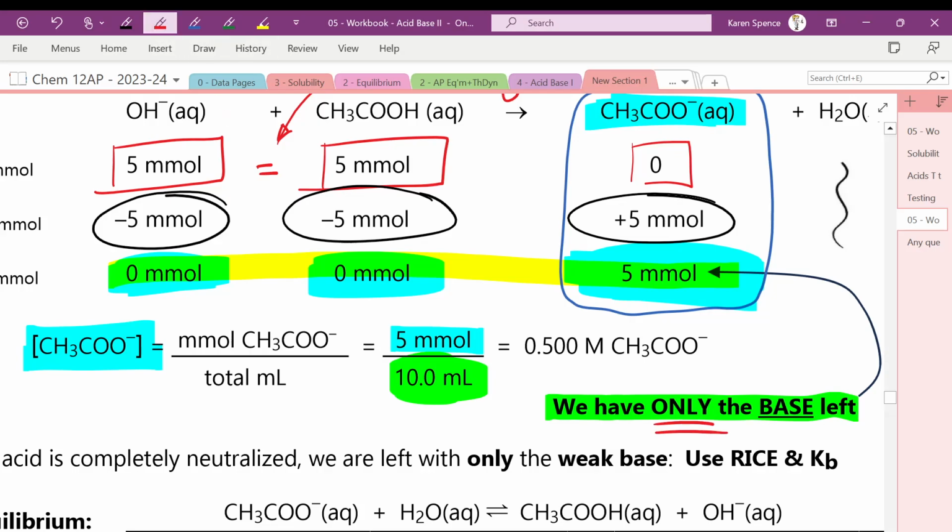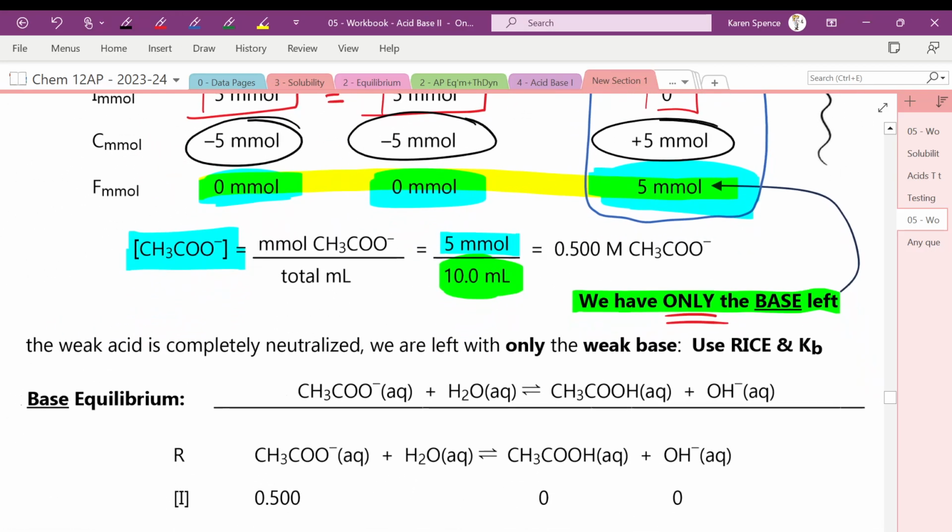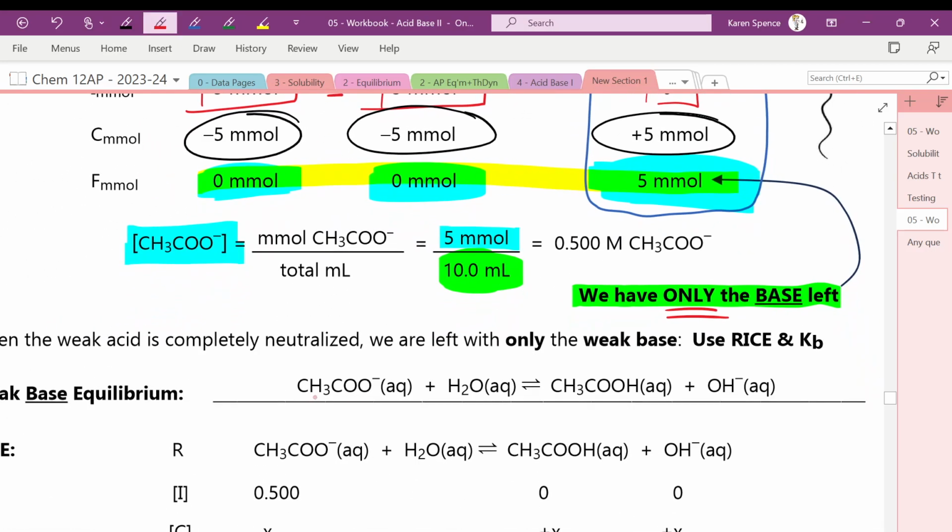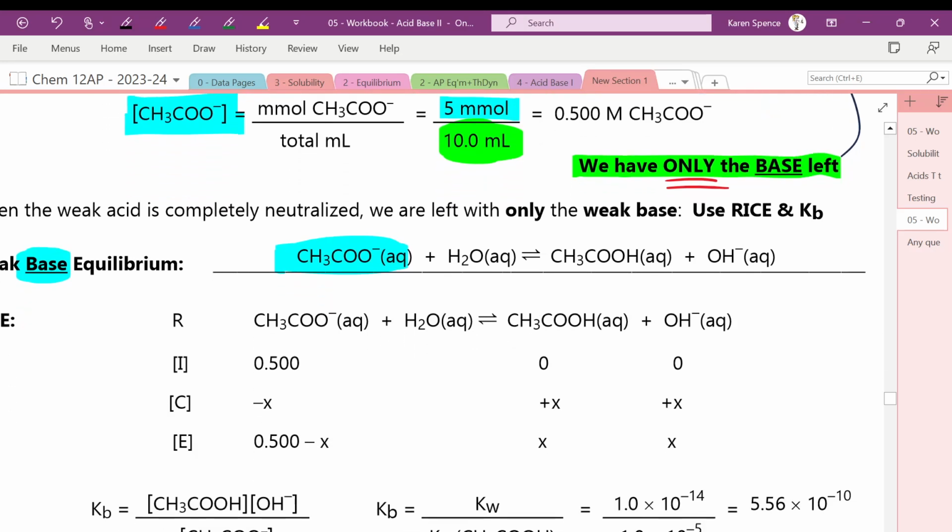So we have only the base left. What kind of equation should we be using if we're working with a base only? We should be using Kb and the weak base equilibrium. So here is our weak base equilibrium. All right, so here's our weak base. And we're starting with 0.5 molar of the acetate ion.